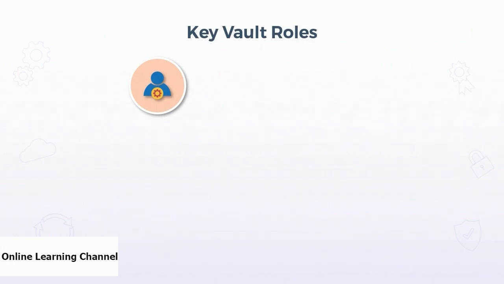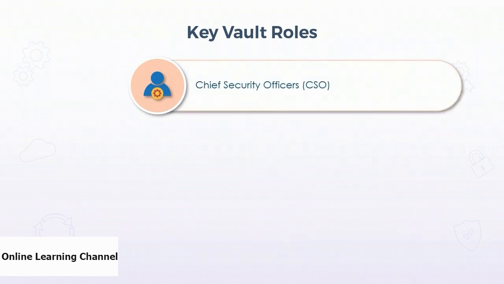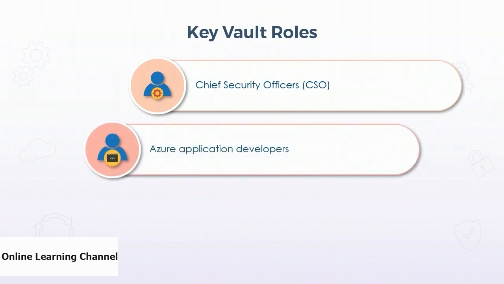Key Vault roles can be used to meet the needs of developers and security administrators. The first is the Chief Security Officer's role. This role is good when you want to know that your applications meet all the compliance and regulatory requirements. It's the most stringent of roles, as you can see in the name, Chief Security Officers.